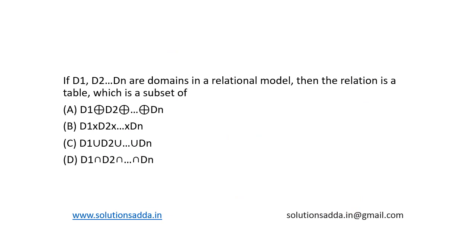This is a question from databases. If D1, D2 till Dn are domains in a relational model, then the relation is a table, which is a subset of, and 4 options are given.